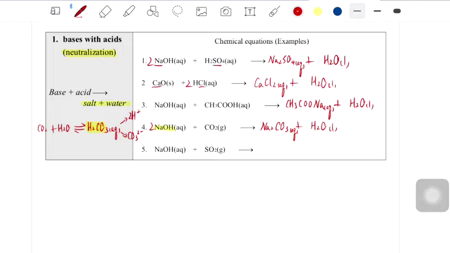Similarly, sulfur dioxide would also react with water, and it will form what is called sulfurous acid.